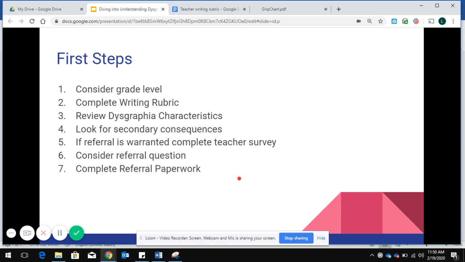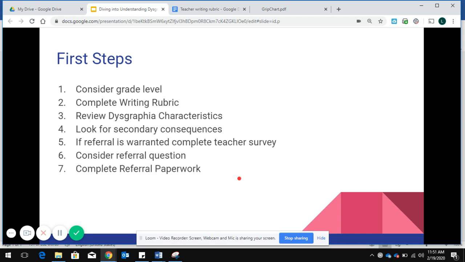So first thing we recommend is that you consider the grade level for that student. If the student is in kinder through first grade and is currently getting Handwriting Without Tears for the first time, then maybe we should consider giving them the opportunity to be exposed to that curriculum and to learn that handwriting piece.